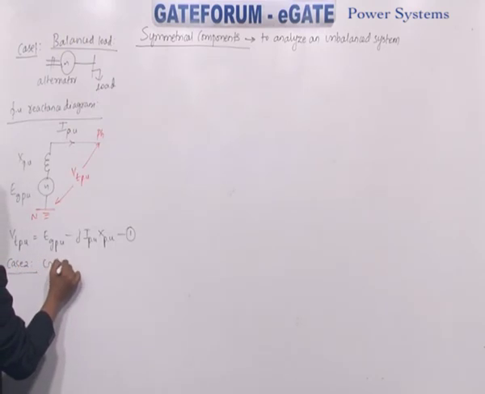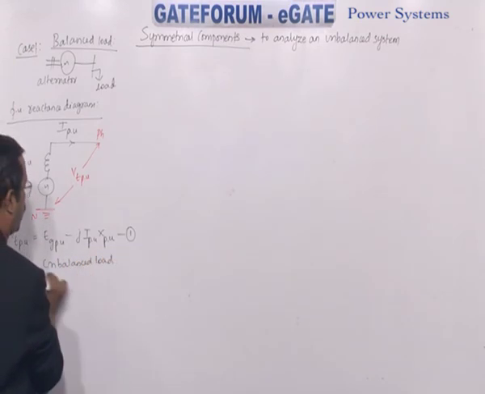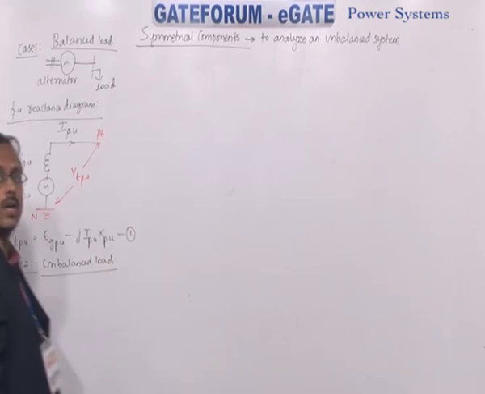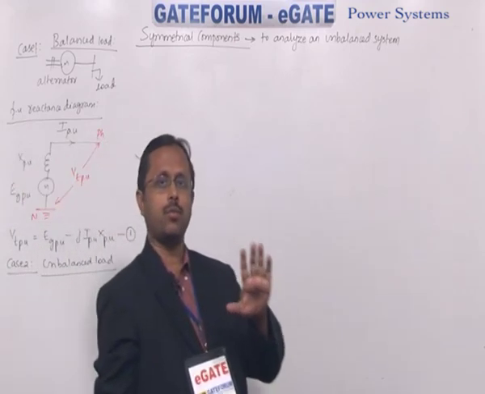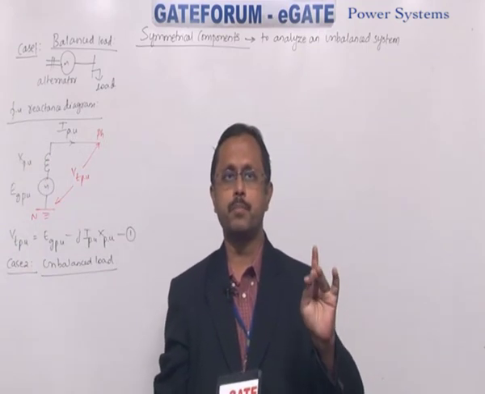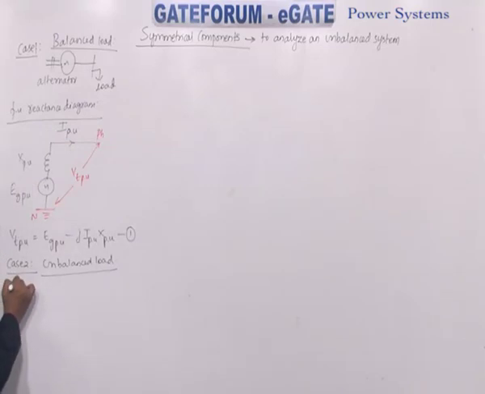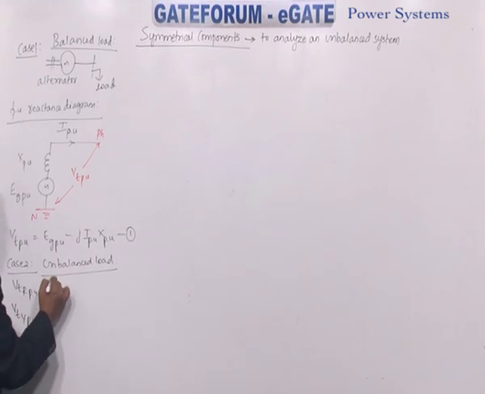If it is an unbalanced load, what is the change? You have to find terminal voltages separately for R phase, Y phase and B phase. That means we should find VTR per unit, VTY per unit and VTB per unit separately. How to write this?